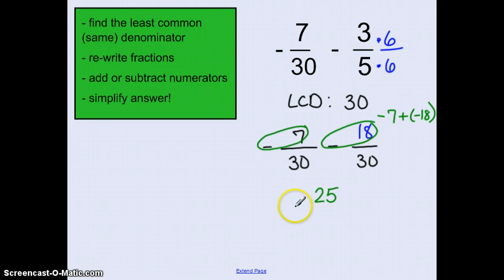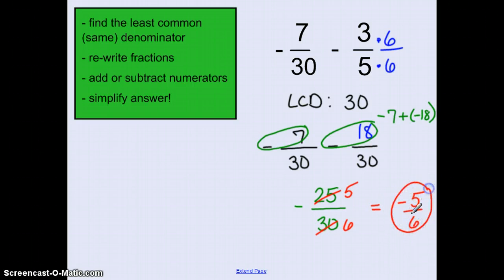They are both negative, so I'm going to keep it negative on top for my fraction. My denominator stays the same, 30. And then finally, I'm going to simplify. I know that 5 goes into 25 5 times, and goes into 30 6 times, so my answer is negative 5 over 6. And we're finished. Time to practice.